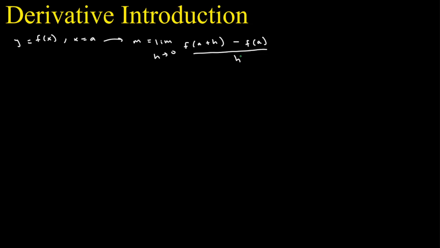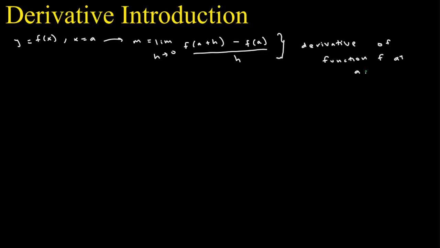And basically, whenever this slope exists, that is known as the derivative of function f at point a, right?